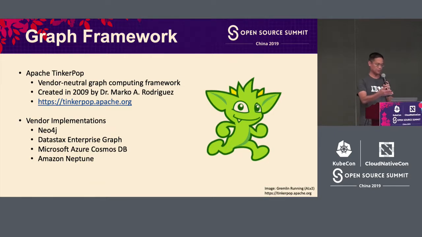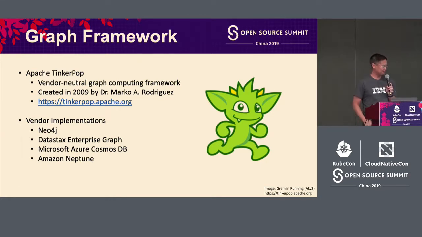So we worked with Marco and his team to get them moved into open governance at the Apache Software Foundation. They went into Apache top level, I think in 2015, and they're continuing to grow. Many of the major graph database vendors are still implementing the Tinkerpop stack today. Neo4j is probably the biggest graph database right now that people may know about.